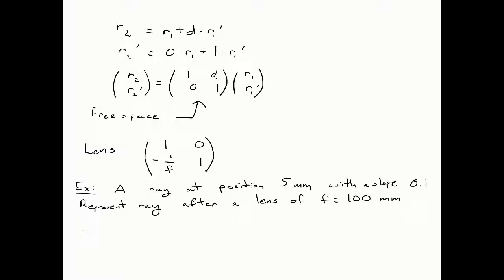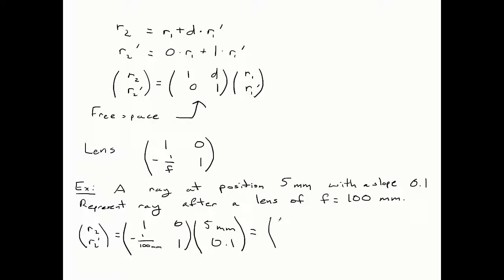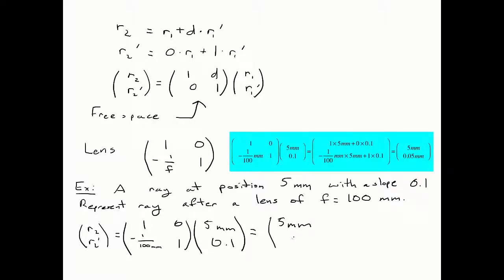Okay, so I'm plugging in my focal length. Then I need to represent the original ray, so that's at 5 millimeters with a slope of 0.1. Okay, so if you multiply this out, you get 5 millimeters and 0.05 for your slope.